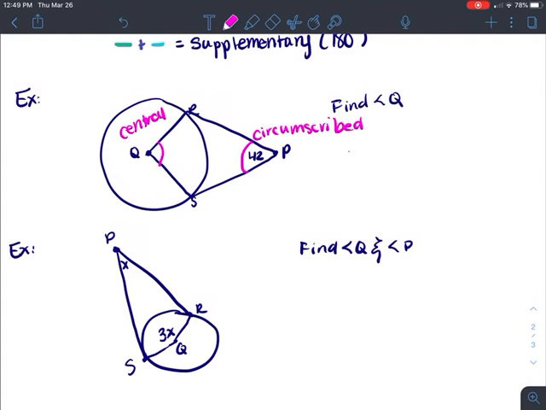So 180 minus 42, not plus, gives me a total of 138 degrees. So angle Q equals 138 degrees. That's one of the more basic examples that you're going to see.